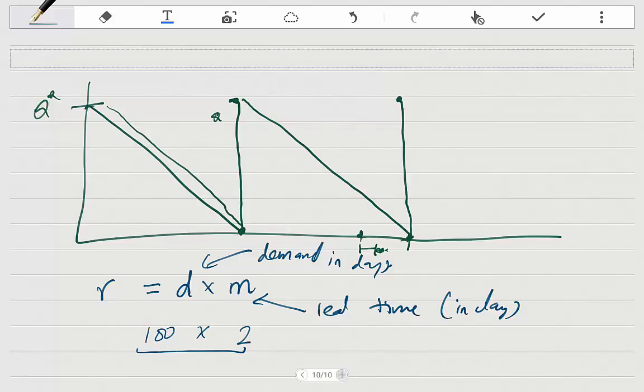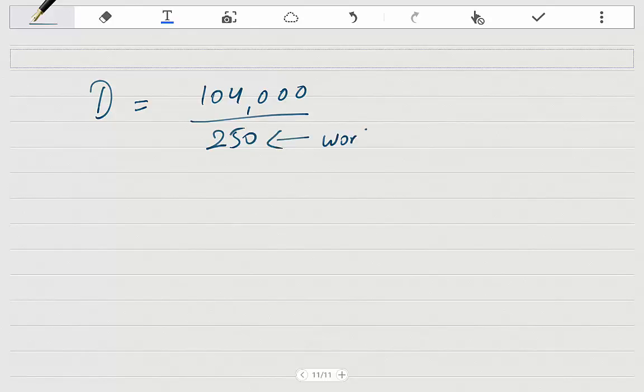Let's do the problem at hand. Our big D, our demand for the whole year, was 104,000. Suppose for the sake of argument, there are 250 working days that the business is open. Then our daily demand is 416 cases per day.